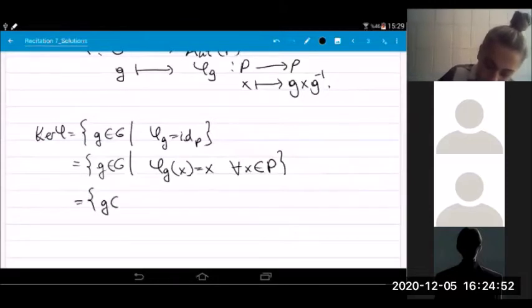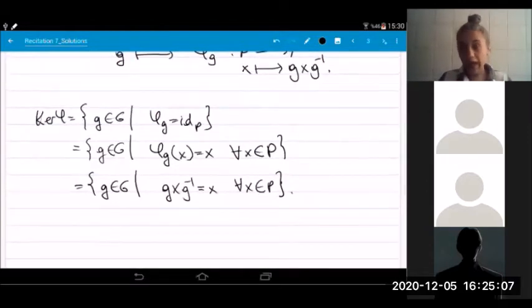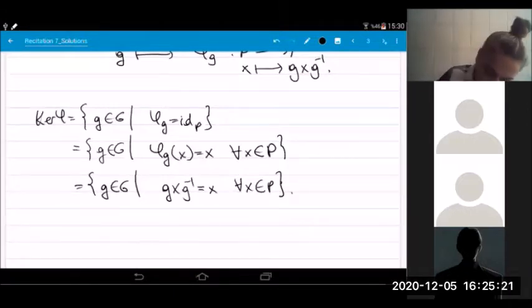So this is all g in G such that g x g inverse is equal to x for all x in P. This is very similar to the center, but here the set contains elements from G, not from P, so we have to do something more. So apply the first isomorphism theorem.